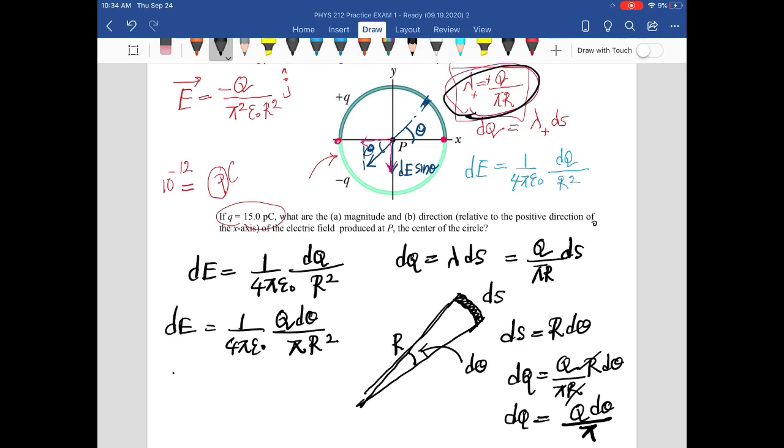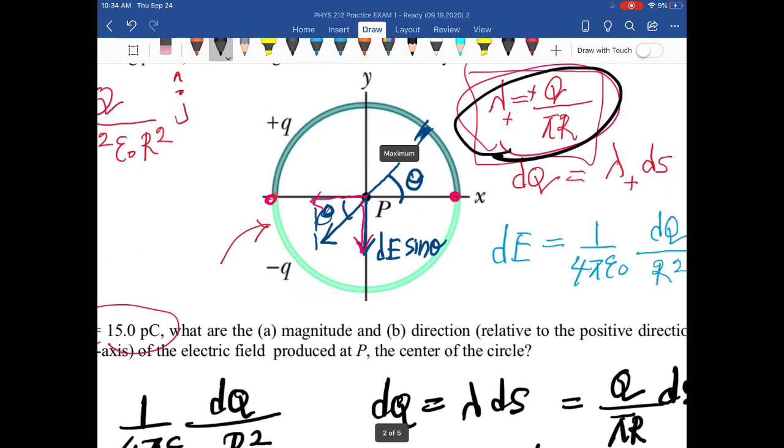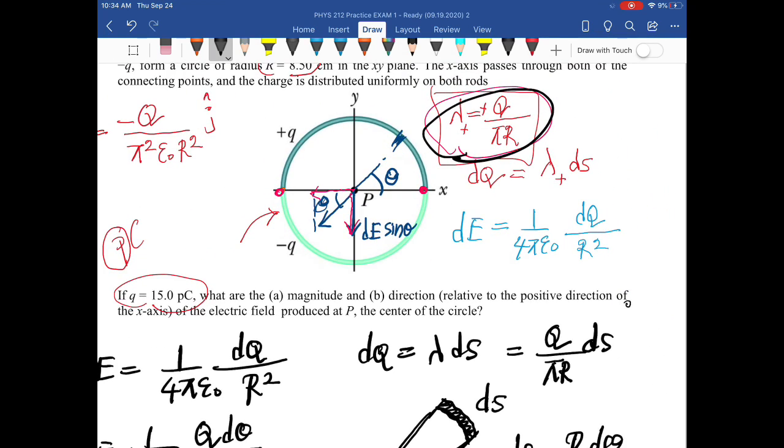Now I want to get the y component of this dE. So dEy is dE, let's go back to this triangle, and you can see here this is dE, and this is the x component dEx, and this is the y component dEy, and this angle is theta.